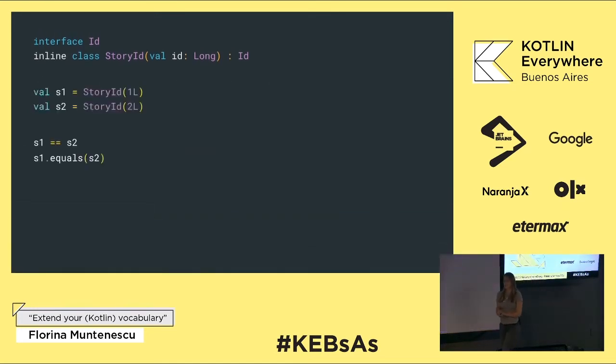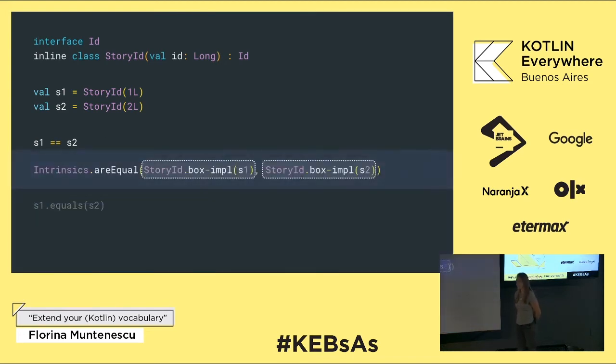Let's look at equality. Let's see first what happens if we have S1 equals S2. Primitive. Both of them? Unfortunately not.